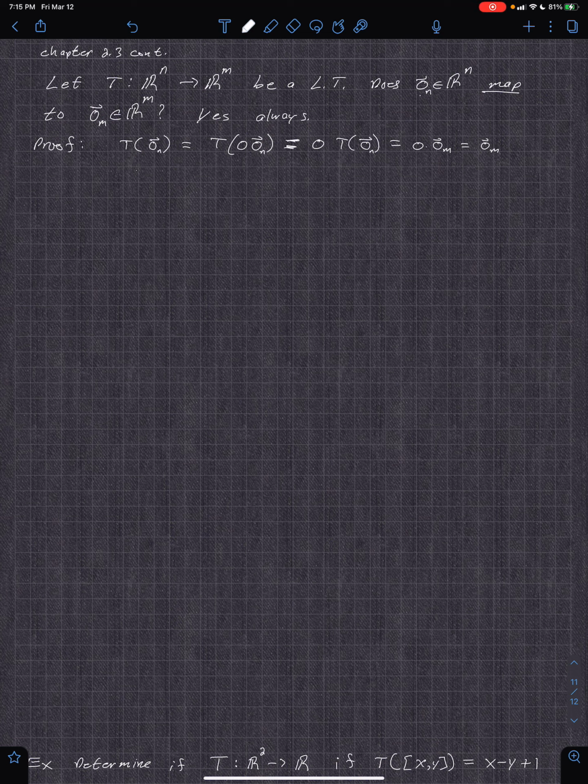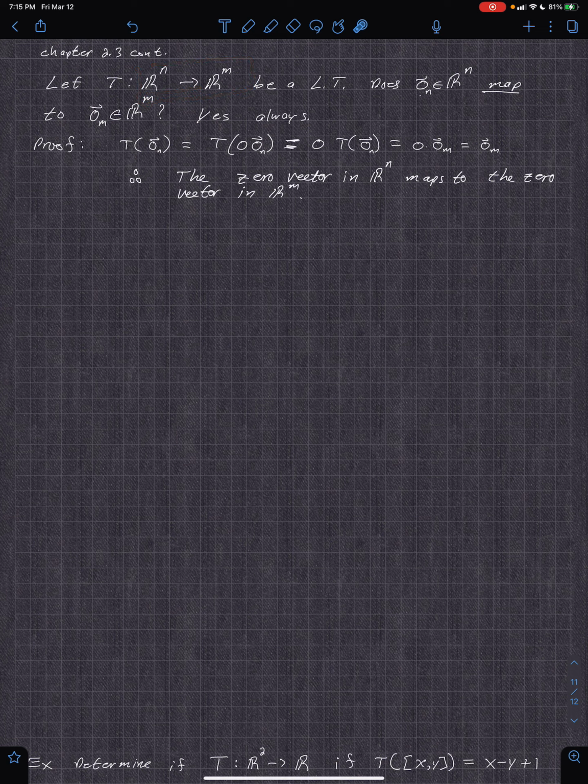So the conclusion is, therefore, the 0 vector, so maybe I should say it like that, the 0 vector, therefore there's only one, right? The 0 vector in Rn maps to the 0 vector in Rm, like whatever the transformation is for the vectors.